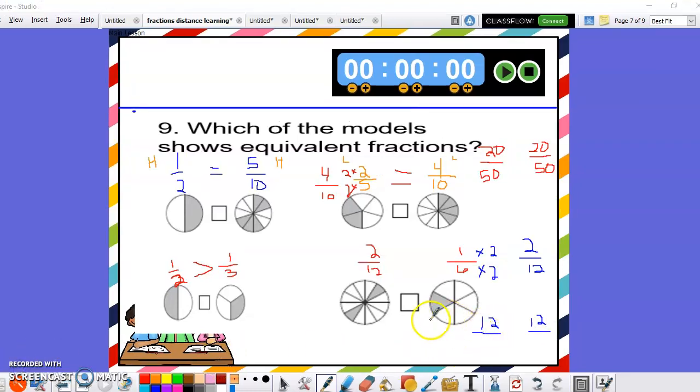And then when I multiply 12 times 6, that gives me 72. So yes, I still could see that these fractions are equivalent.